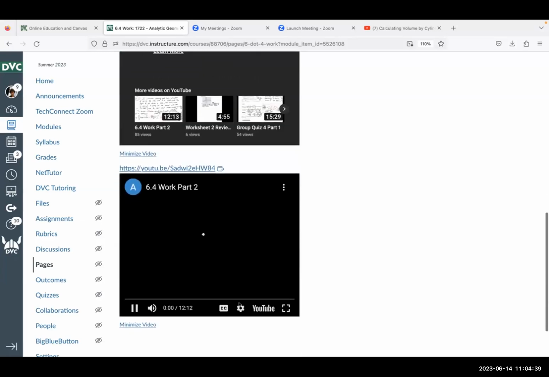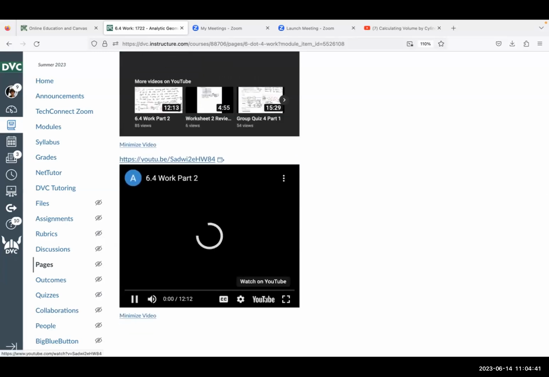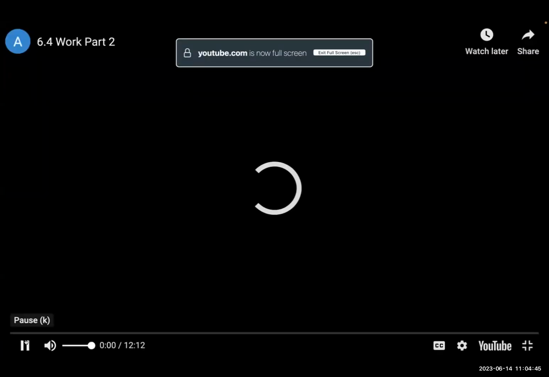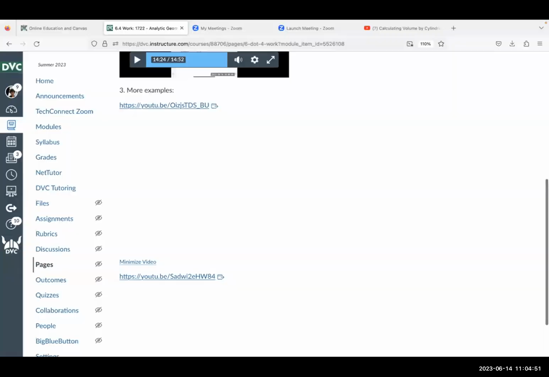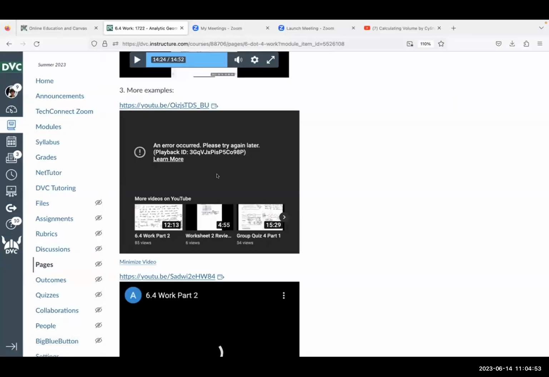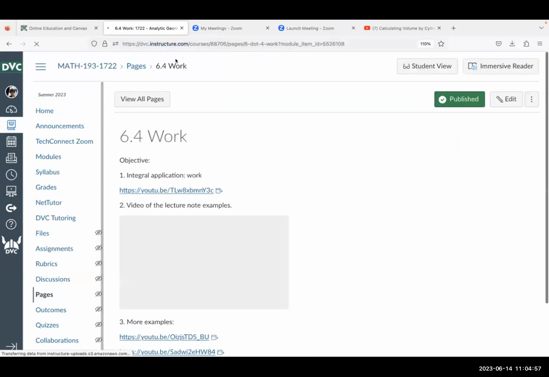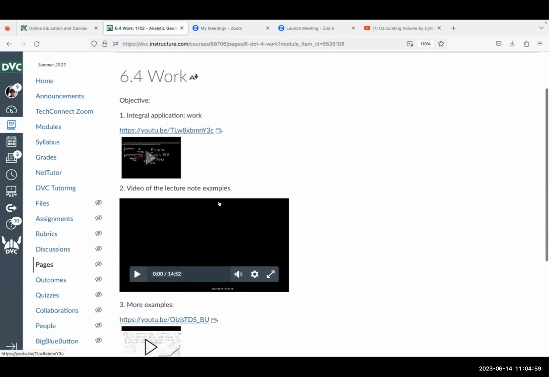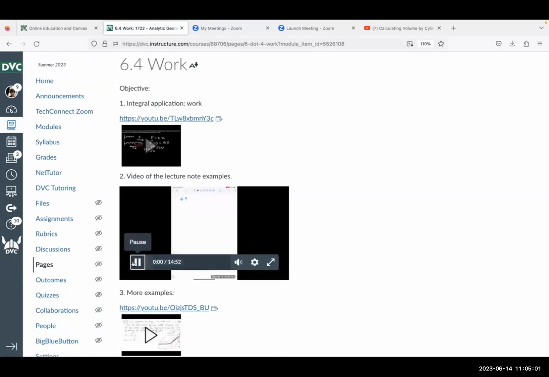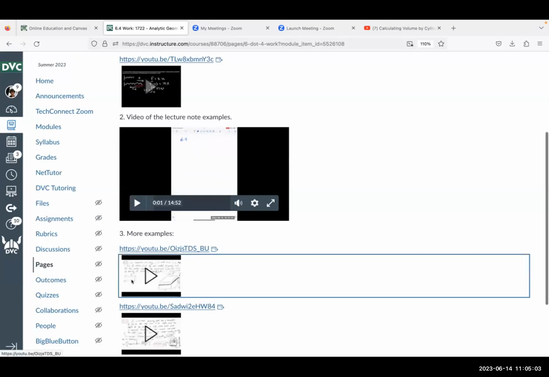Is that clear? So when you go to them, you can click on them, and it should load. Can someone see if on their side it loads? Oh, this one loads.